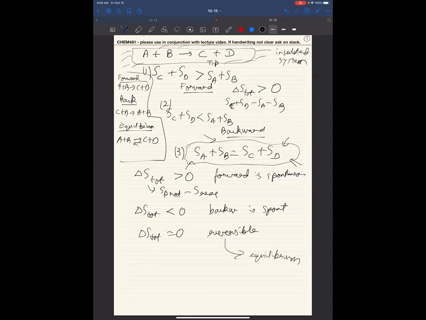So with this preamble, let's look at what we were doing last time, which is we were looking at a gas expanding and calculating the entropy change of the gas and the entropy change of the surroundings, okay? So let's do that. Let's draw a line in the middle, because we are going to be looking at two scenarios which are very similar apart from a slight change.